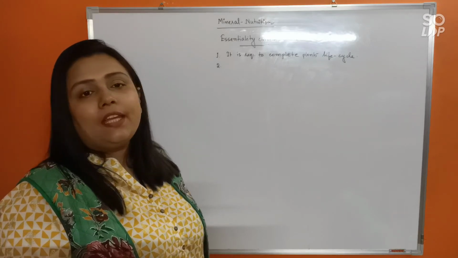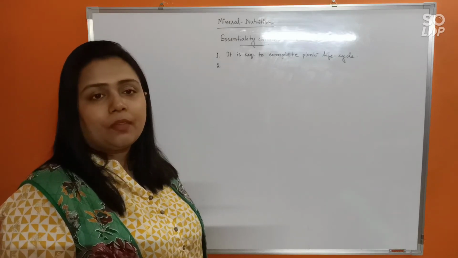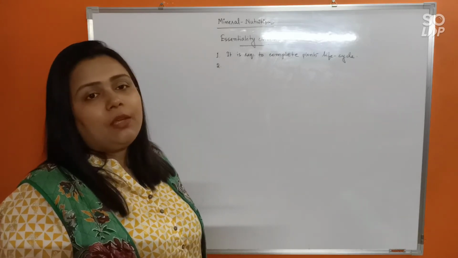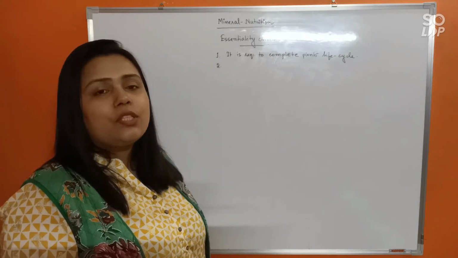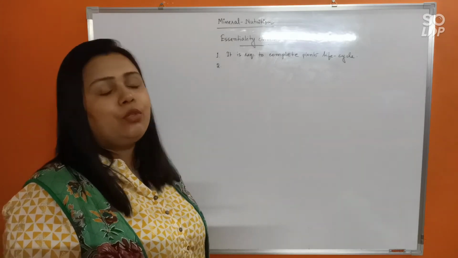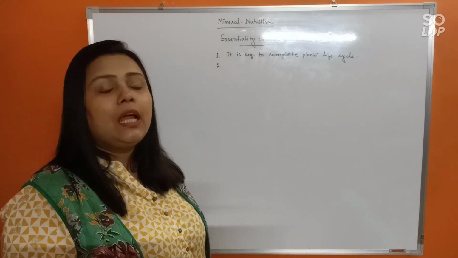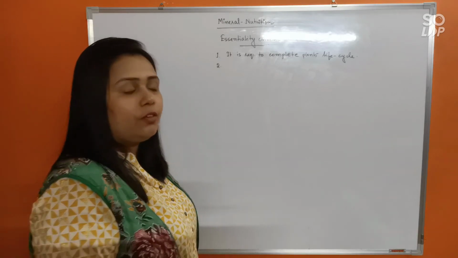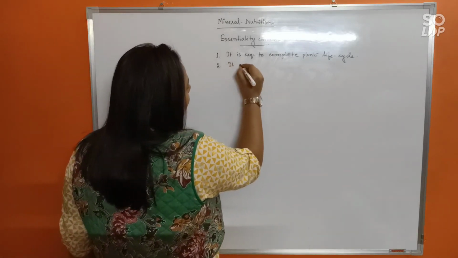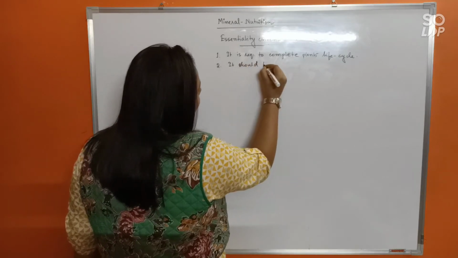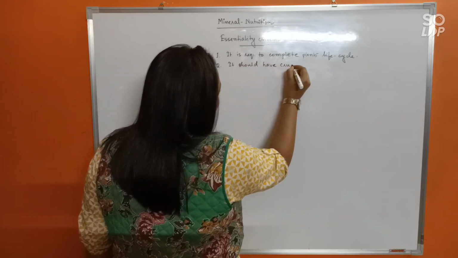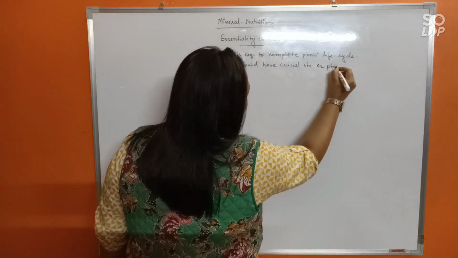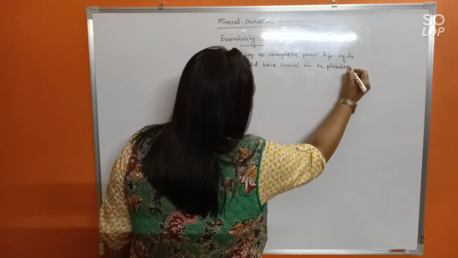Likewise, say the energy currency of the cell being ATP, adenosine triphosphate, phosphorus plays a very important physiological role then. So certain elements which are absolutely necessary, which are playing a very crucial structural or physiological role, have to be considered essential. Alright, so it should have a crucial structural or physiological role.